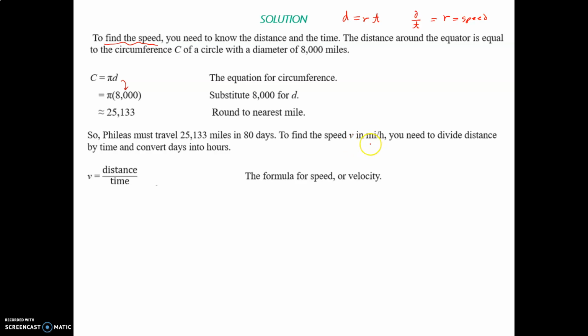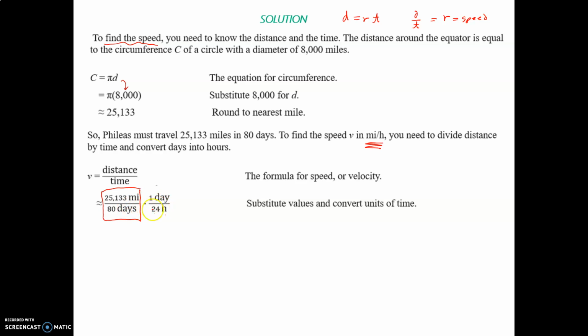But they wanted the speed in miles per hour. So speed is distance over time. So here's the distance over the time of 80 days, but they don't want it in 80 days, they want it in hours. So what do I have to do? I want to get rid of the word days, so I'm going to multiply by a fraction, which is 1, that has day on the top. So I know a fact that 1 day is the same thing as 24 hours. So 1 day, 24 hours, both the same, so the same thing over the same thing is just multiplying this by 1.